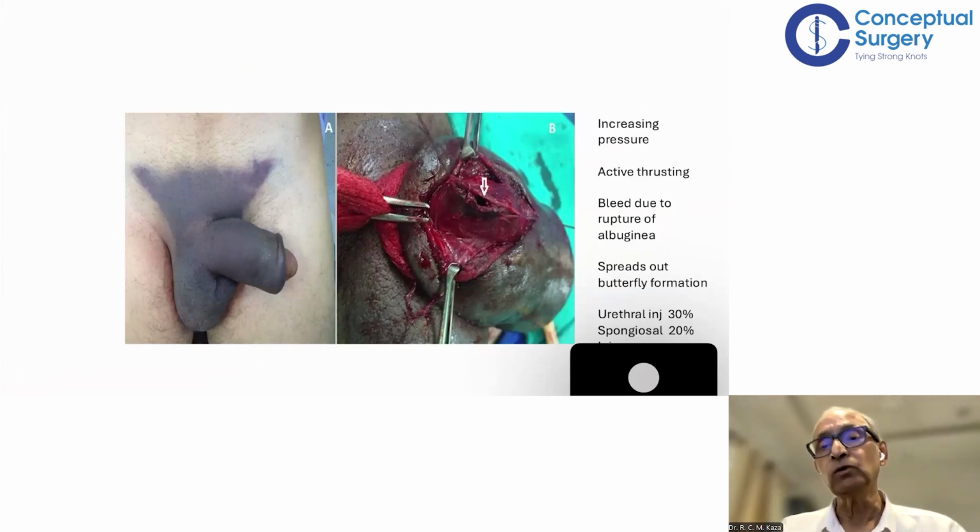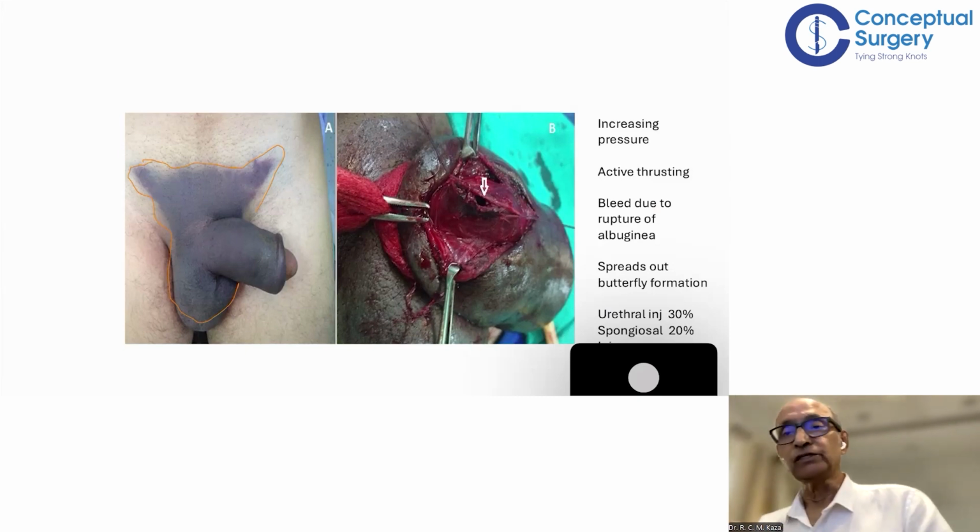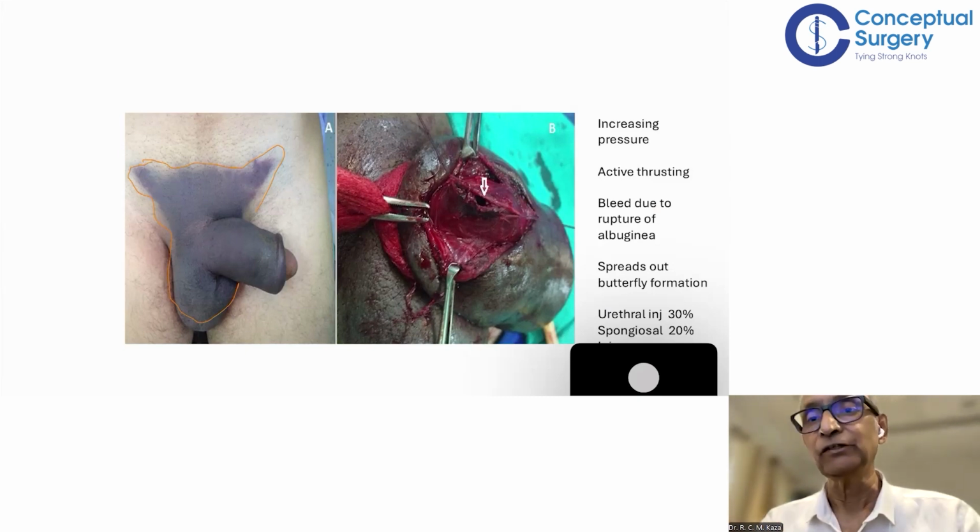If not, it's only the blood. That will come out and spread into the penis, into even the scrotum, and goes up. This is typically called butterfly sign, right? Butterfly sign. And I've shown this to you earlier also in urethral injuries, if you've heard the last lecture.